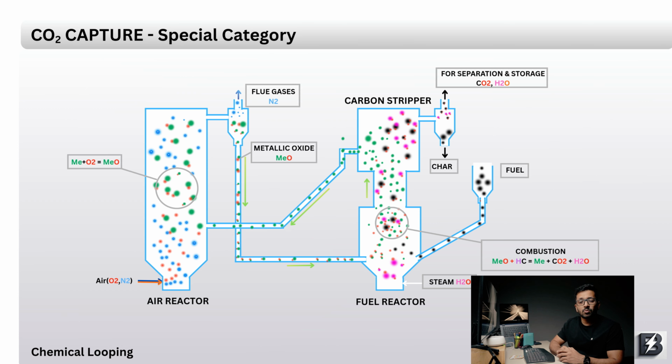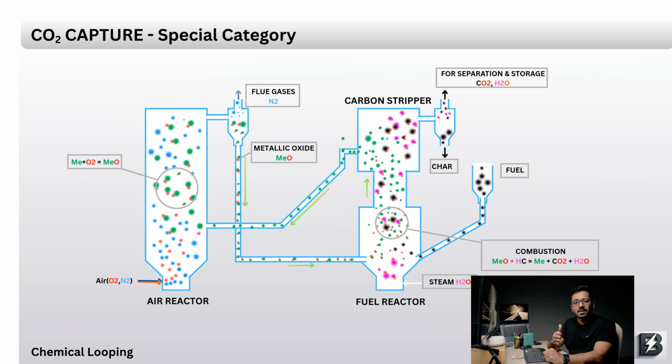It produces heat while naturally capturing CO2. Instead of burning fuel directly in air, CLC uses a solid metal oxide to transfer oxygen. In the air reactor, the metal reacts with oxygen from the air without mixing nitrogen and the fuel. In the fuel reactor, the metal oxide releases oxygen to burn the fuel, producing heat, CO2, and water.